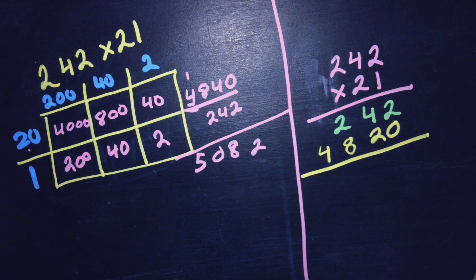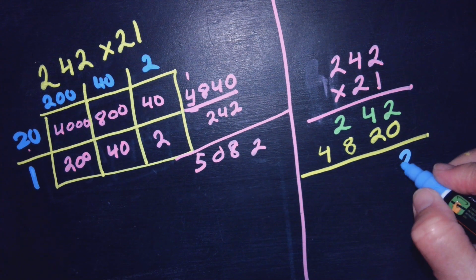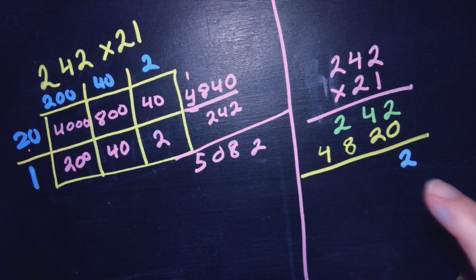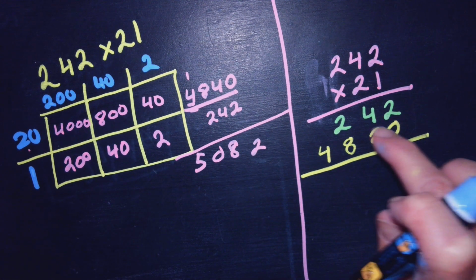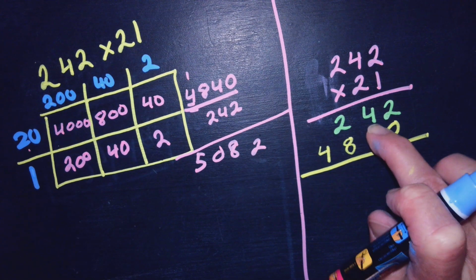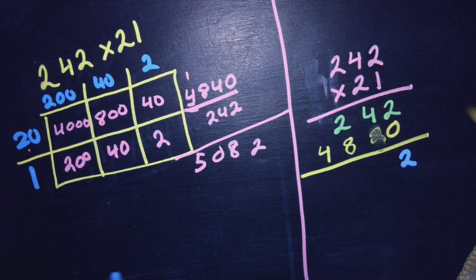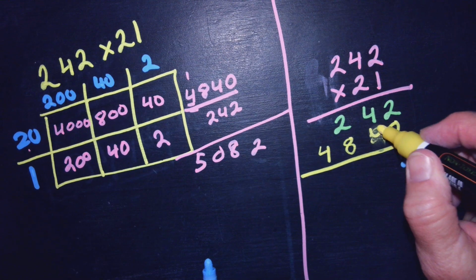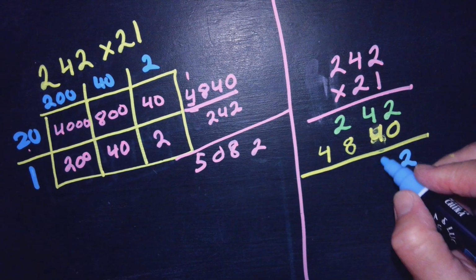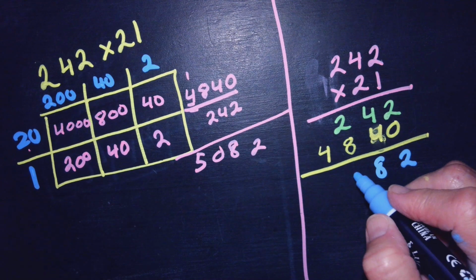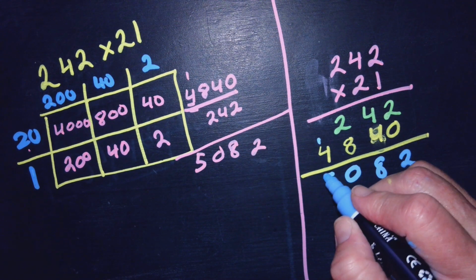When you add, you'll get 2. Oops. I messed up right there, because that should be a 40, not an 80. 2 times 2 is 4. Sorry about that. And then add that, that's going to be 8. That's going to be 10. And that's going to be 5.